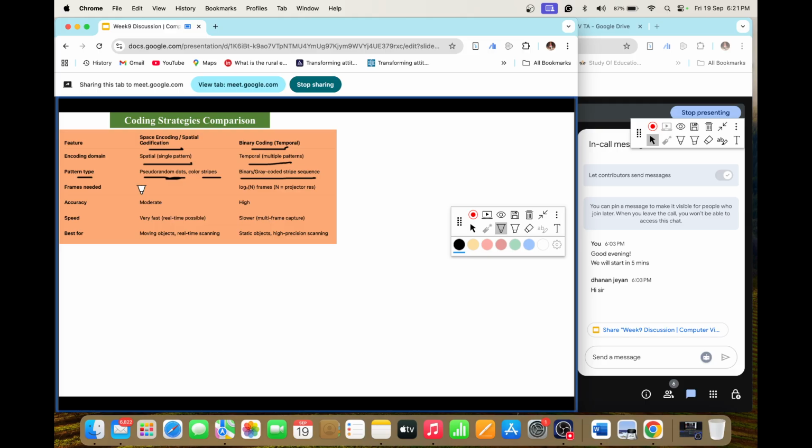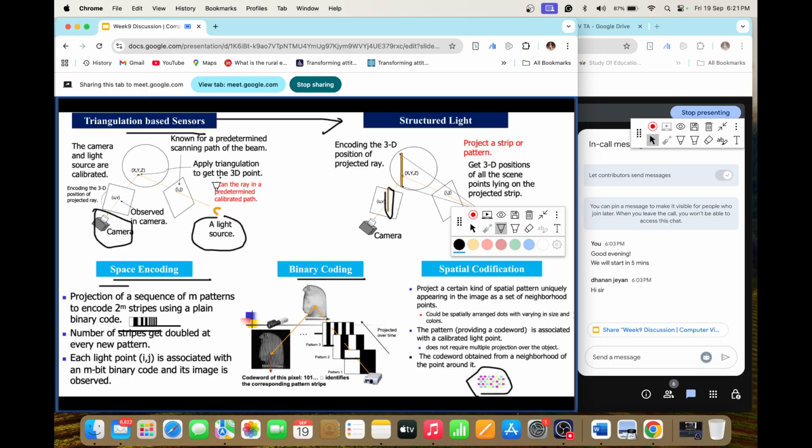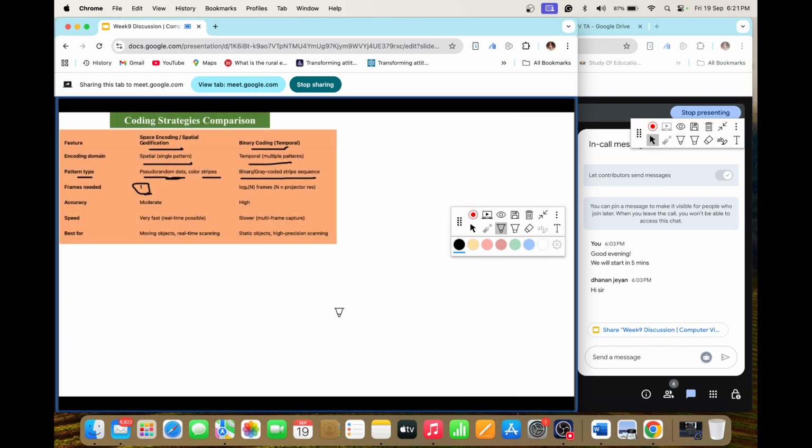Second, in spatial encoding we need only one frame, but in binary encoding we have many frames. This is one frame, this is one frame, this is one frame, so many frames are needed. Okay, so accuracy: why are we doing binary coding instead of space encoding? That is to achieve higher accuracy. Here the accuracy will be moderate, but here the accuracy will be high.